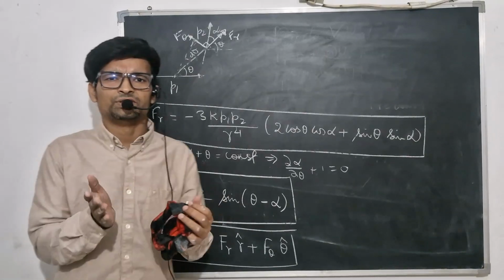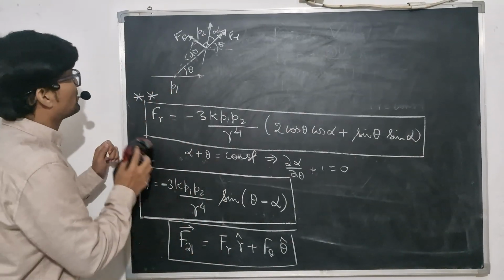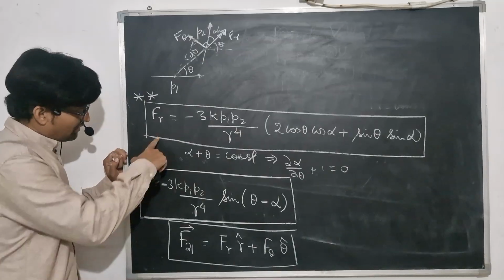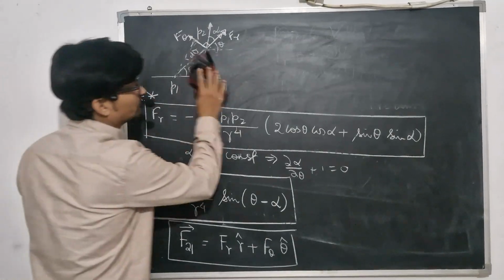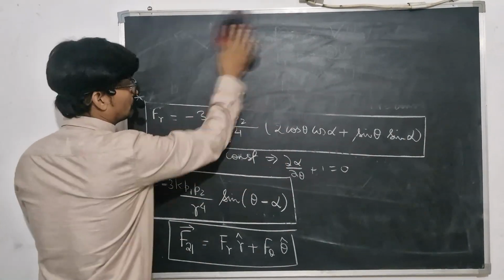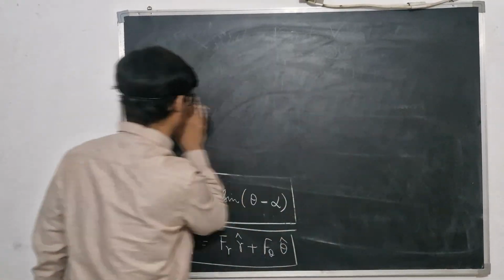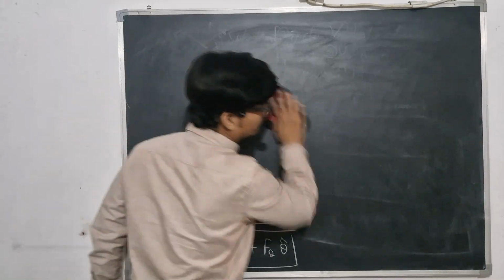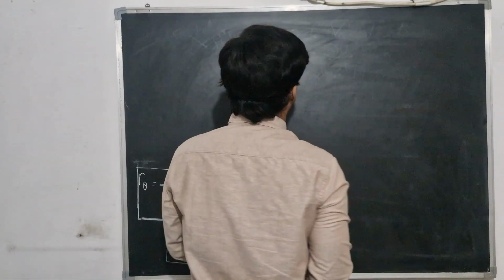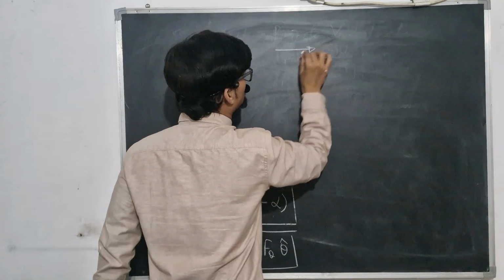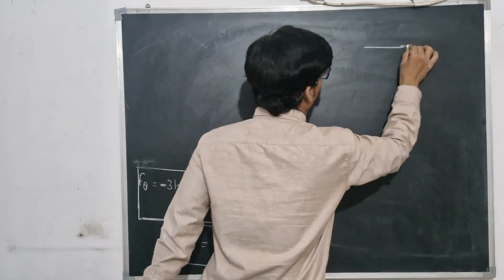Now let's take some simple examples in which we have to apply this f r and f theta. I have boxed it, you have to remember these two components. Let me take the simple case, case 1. We have P1 and this dipole is P2.